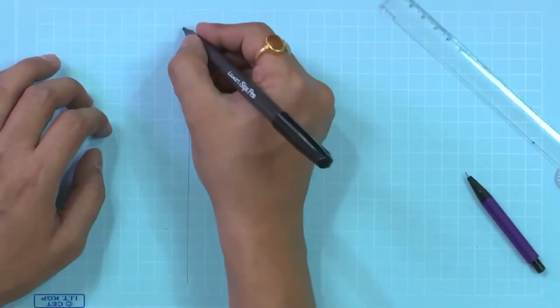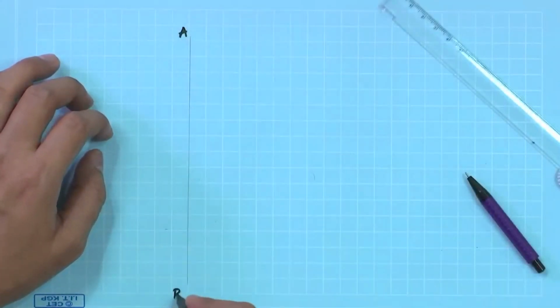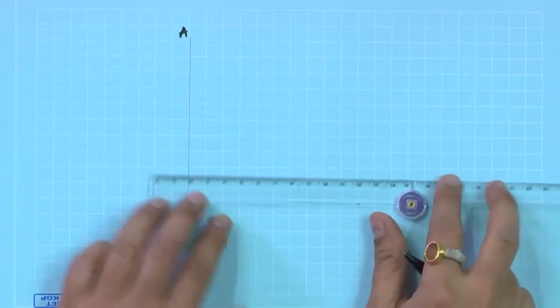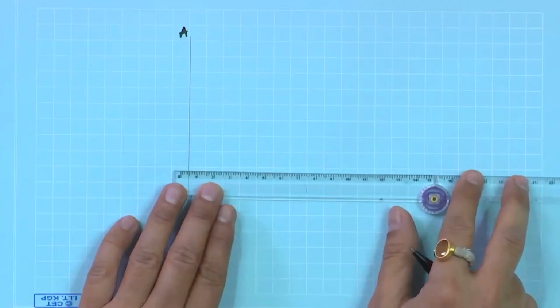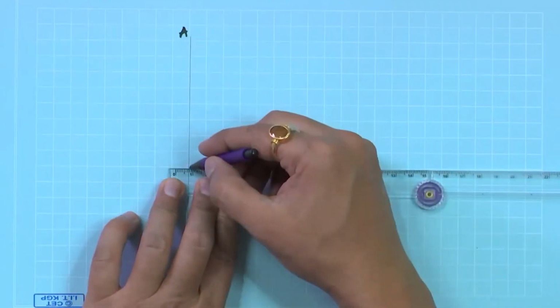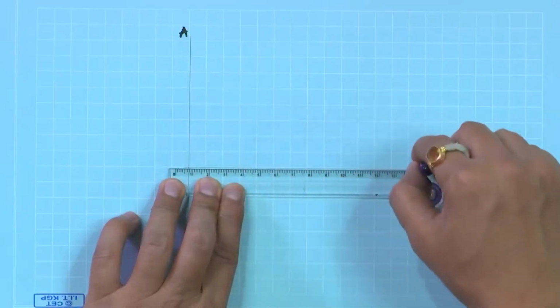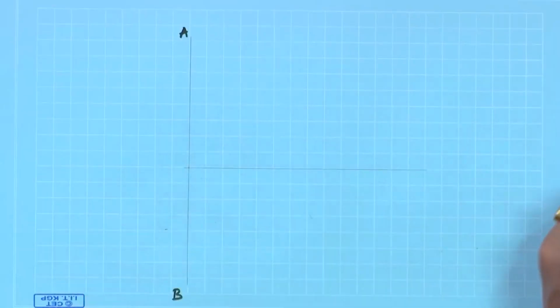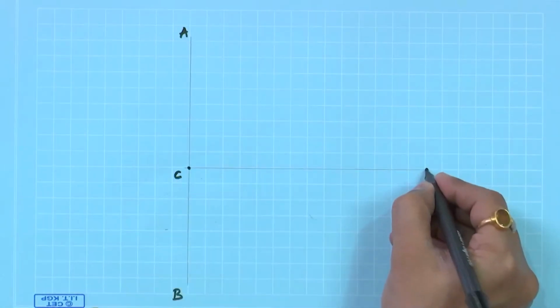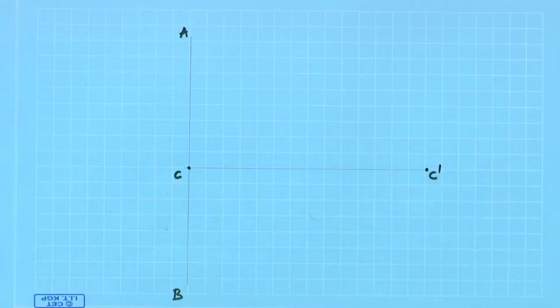Mark A somewhere, and B. At the middle, a horizontal perpendicular line we can construct, CC prime. This point is C, and somewhere C prime. So, two perpendicular construction lines we have done.